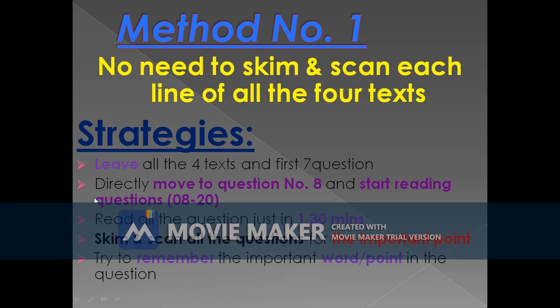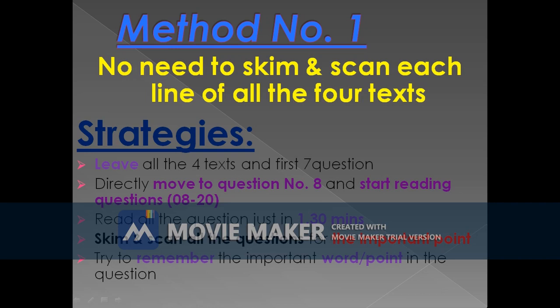Directly move to question number 8 and start reading questions 8 to 20. When reading part A is given to you, directly move to question number 8 and start reading questions 8 to 20. Here is the important point: you have to skim and scan the questions for the important point or word given in the question.